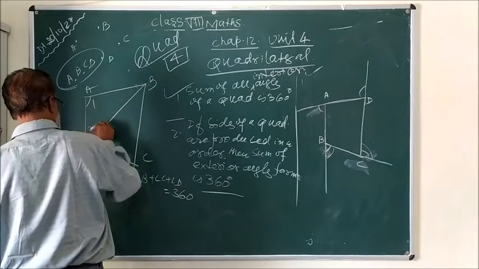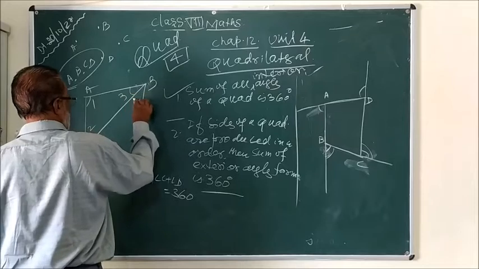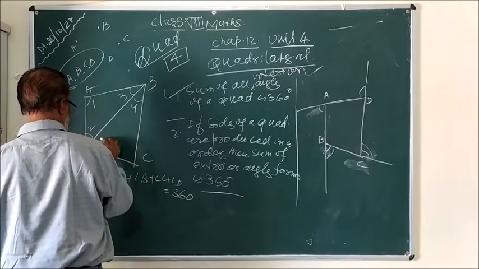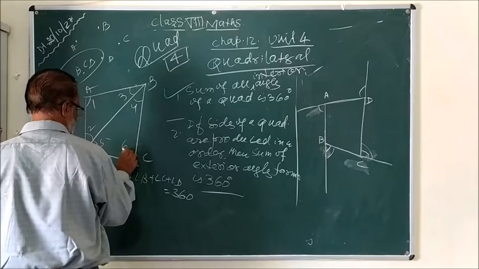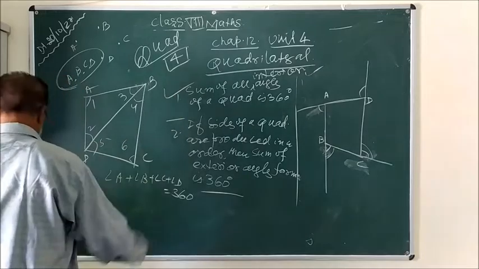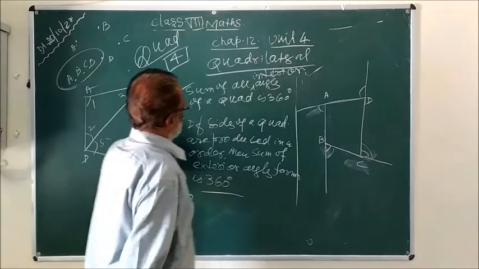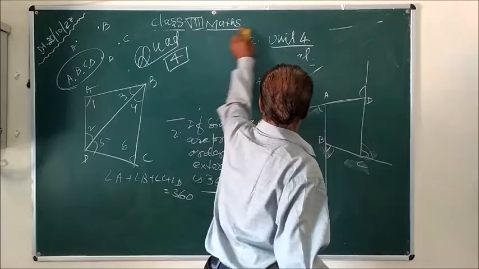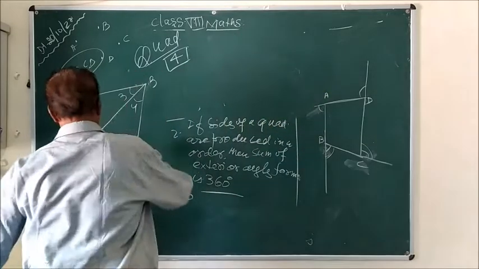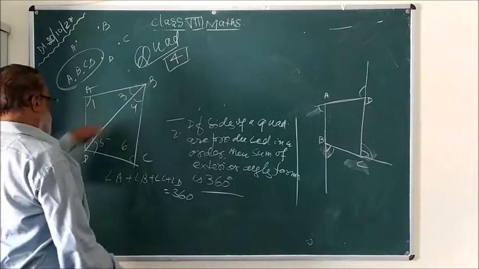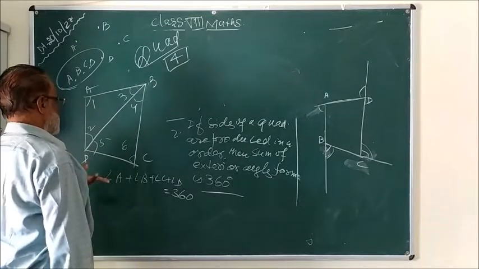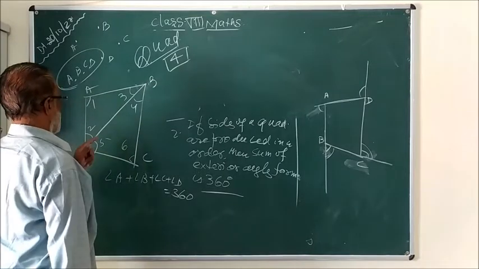Angle 1, angle 3, angle 2, angle 4, angle 5 and angle 6. So if you want to prove this first fact, you can verify. You see here, ABCD is a quadrilateral, and you join any diagonal BD or AC. So we have 6 angles.